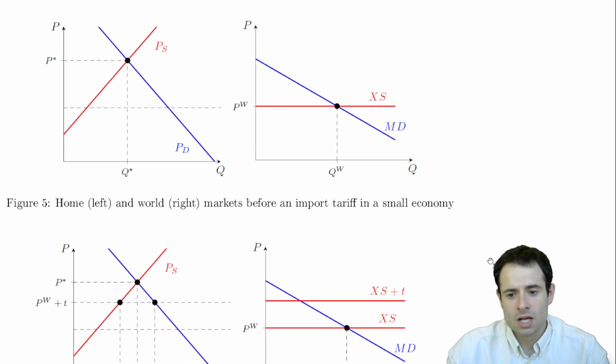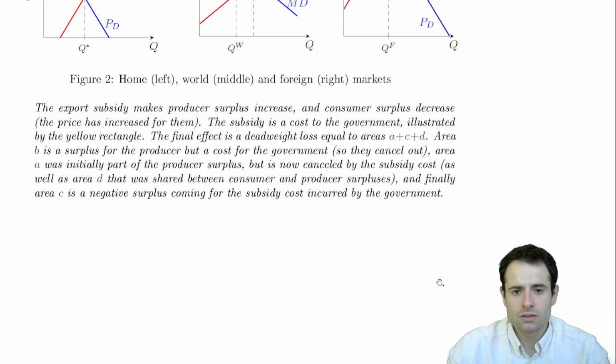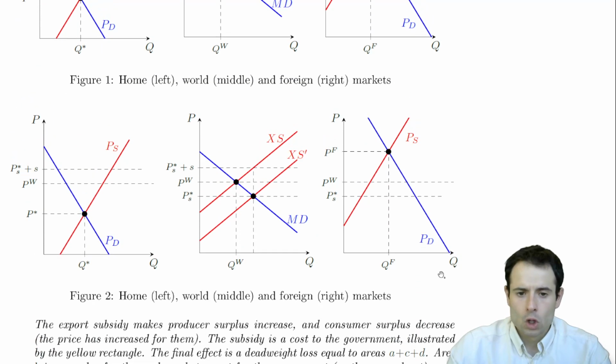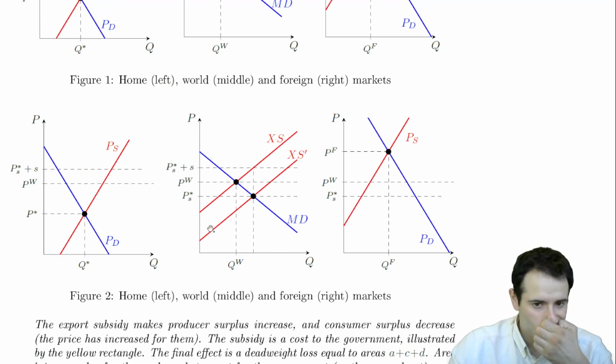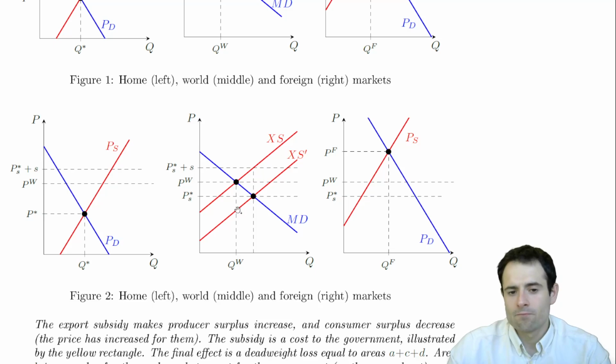If you look at a subsidy a bit above, you can see that the new price is equal to P star S plus S, but P star S plus S is not PW plus S. Some of the subsidy was absorbed by the export supply. So the new price is not just the old price plus S. It is a bit lower than the old price plus S.